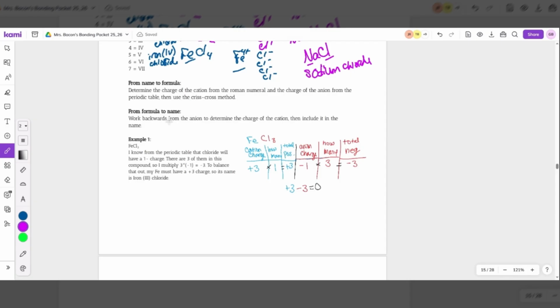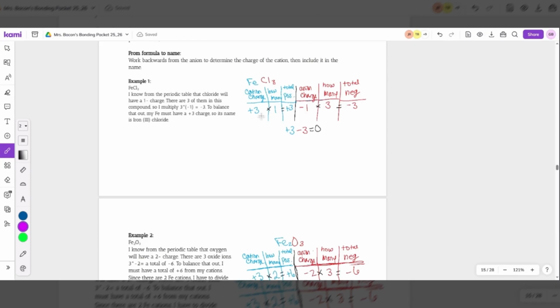Going the other direction, however, is a little bit harder. What we have to do is work backwards to figure out what was the charge on that metal cation. I like to use this table, but some students find this table a little bit confusing.